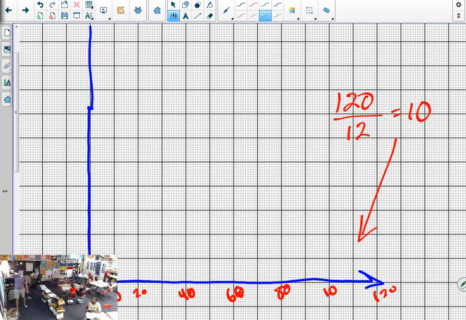The y-axis, to figure out the scaling here, how high does that y value need to go in this situation? For your cost in dollars, what's the highest value? What's the highest cost on the table?